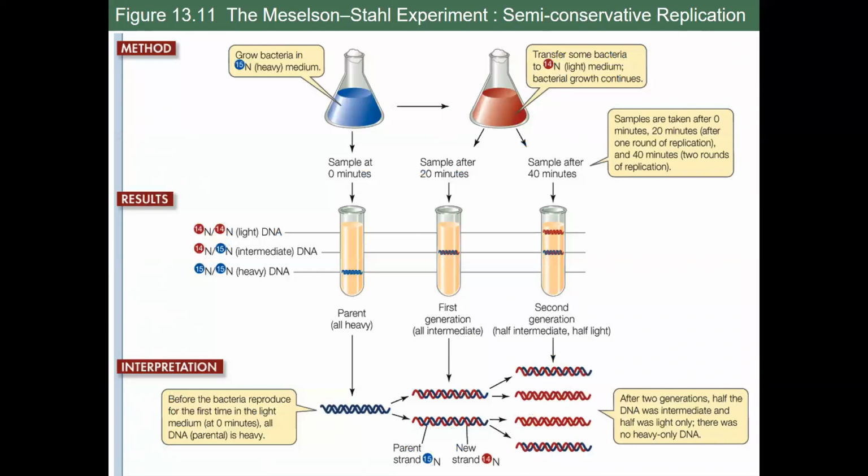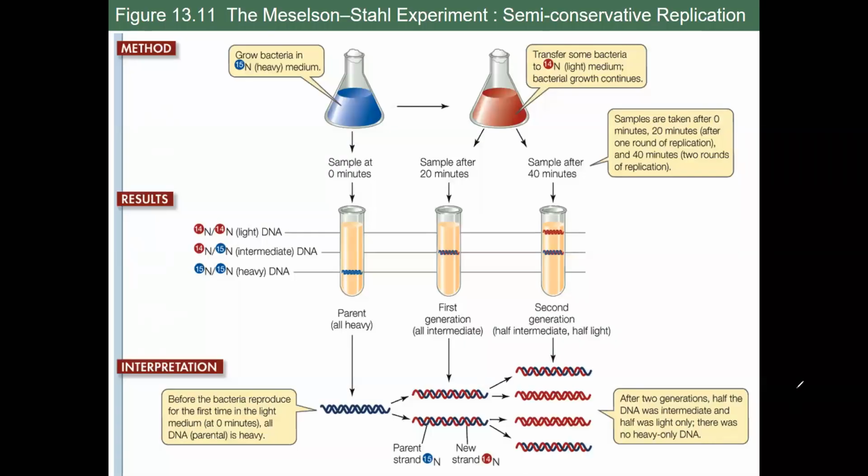Those two scientists were Meselson and Stahl. Meselson and Stahl determined that DNA replicated semi-conservatively through the use of stable isotopes.